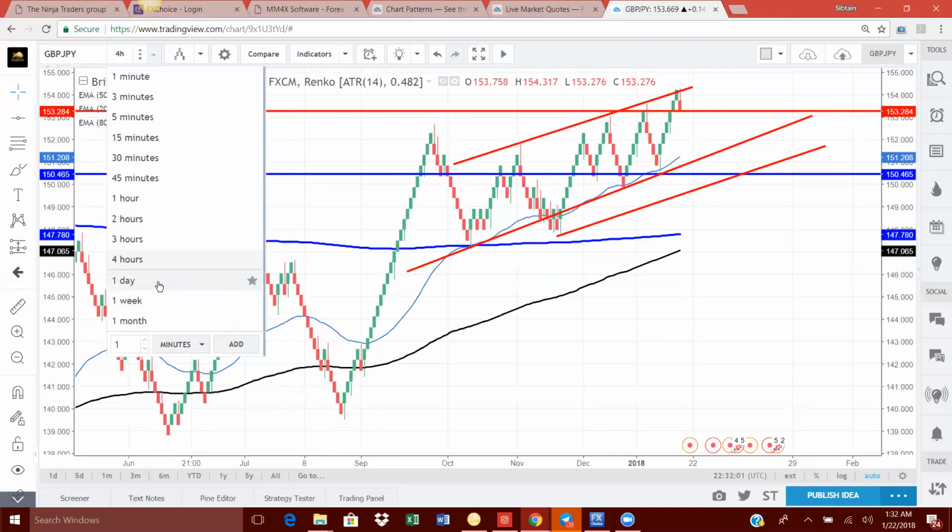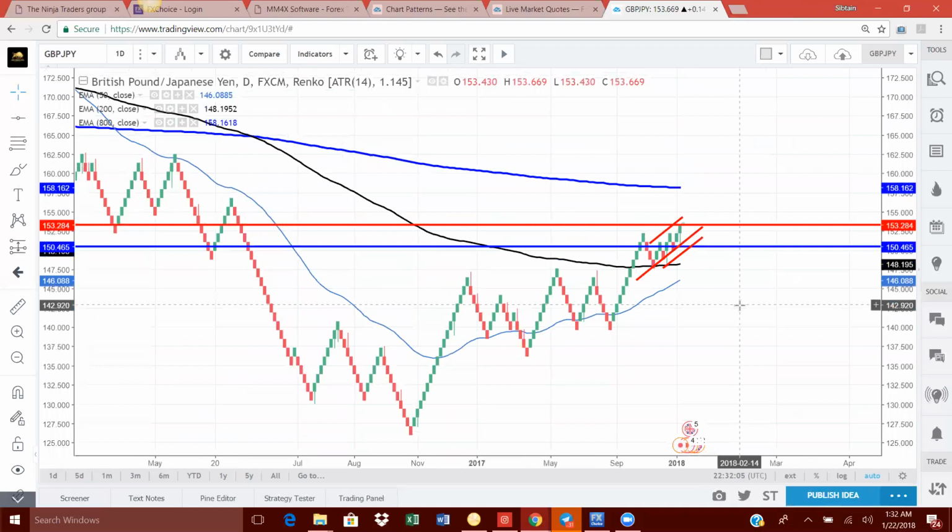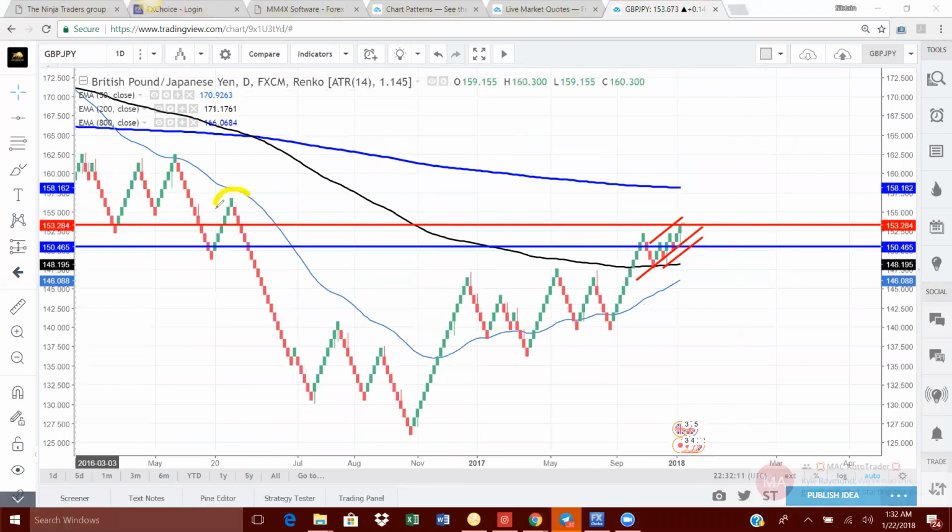If we see on a daily, you can see here it's a resistance. Last time here was a resistance. So could price come up again to this level?